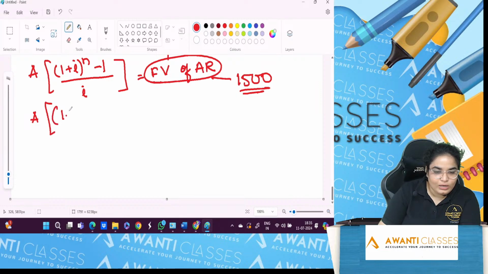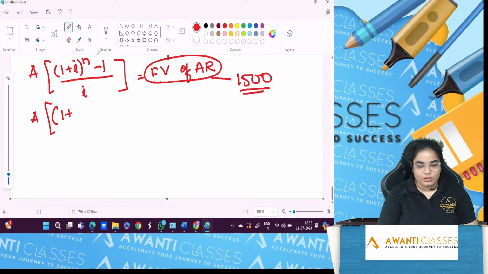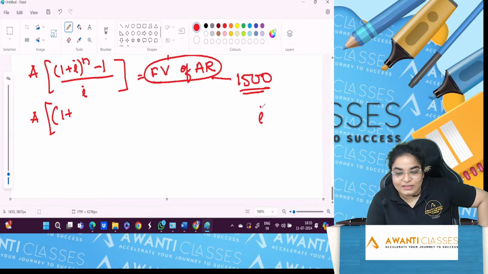Into (1 plus i)... Now, again, what is i here? i is 6% into, what is it for 3 months?